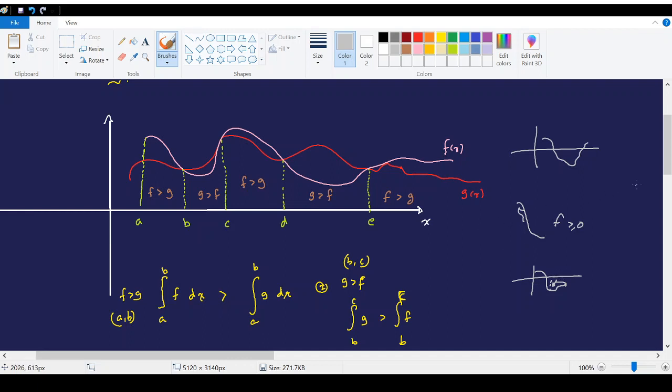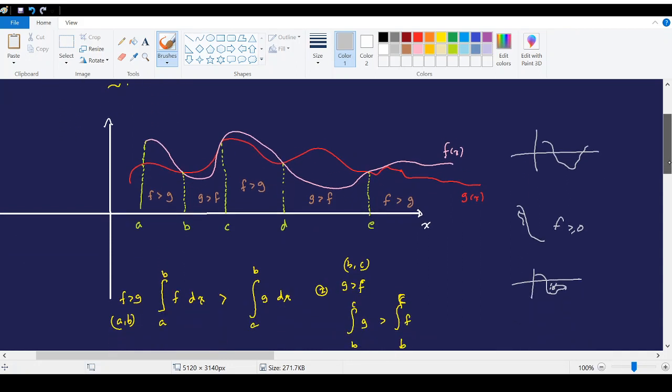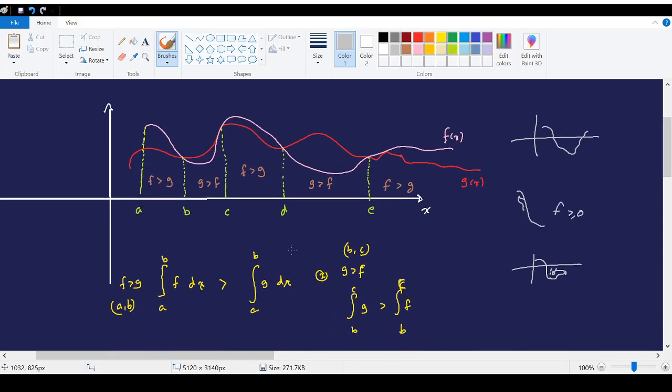So to use this comparison test, both functions must be non-negative. It can be 0, so you can compare even if it is 0 as long as you have these relationships, but we have to make sure that none of these functions are negative.